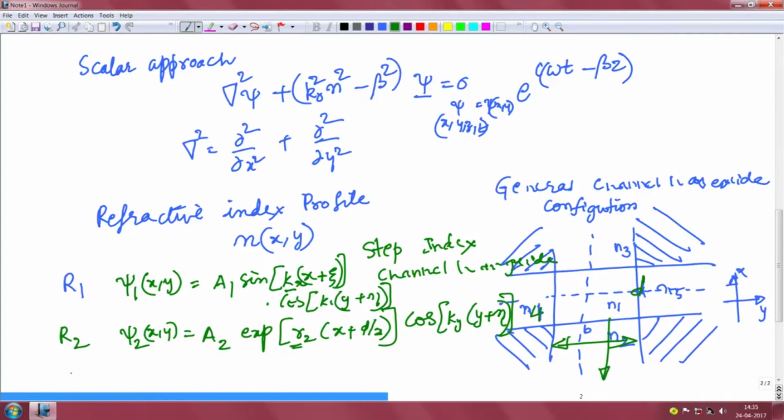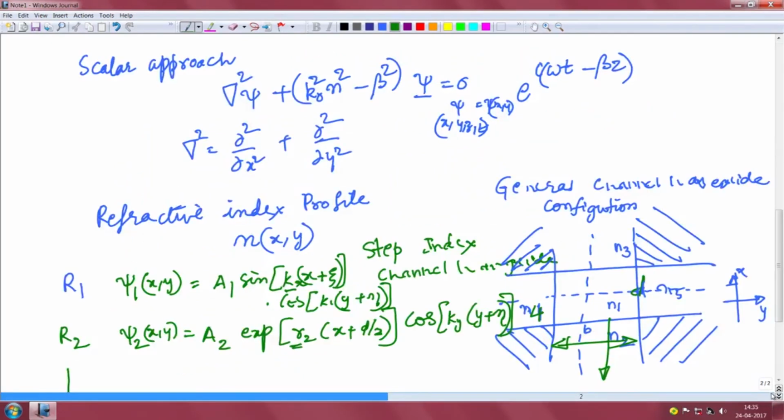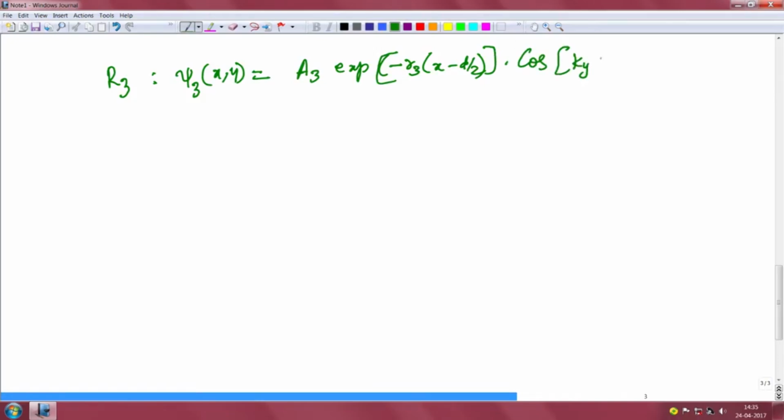Similarly, I will write for the other regions. R3 is the region 3 where we have psi 3 of x comma y given by A3 into exponential minus gamma 3 x minus d by 2, multiplied by cosine ky y plus eta.